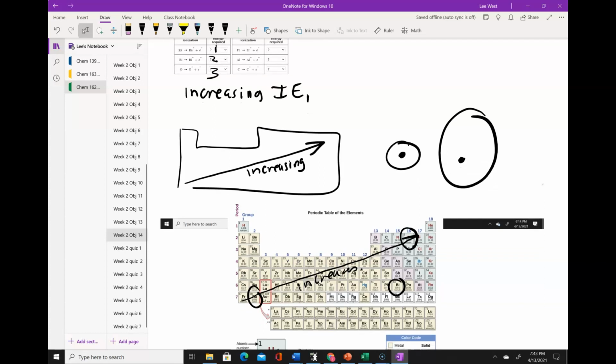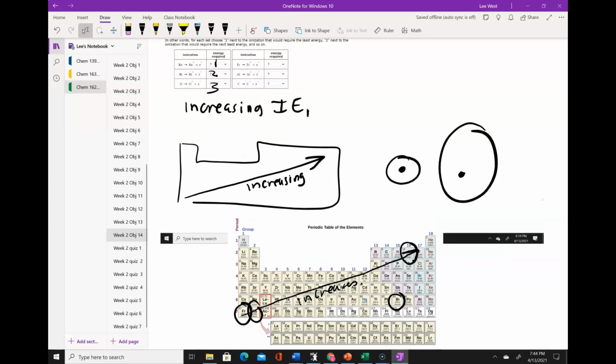Now, where's francium? Francium has even lower ionization energy than radium. In fact, this makes francium incredibly reactive. So that's going to have very low ionization energy 1. Then aluminum is there, and then we've got carbon there. So we just have to follow the arrow, don't we?